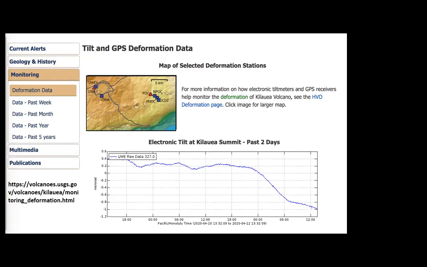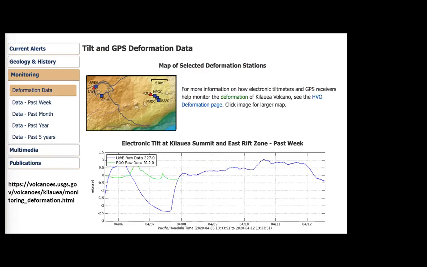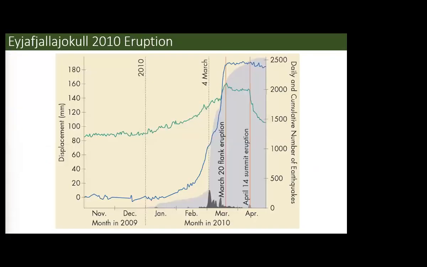This is 2 days of data for the tilt in Kilauea, right before it erupted in 2020. You get this massive tilt right around the 7th to the 8th. Huge amount of tilt. And then as it's erupting, we get back to a stable condition.